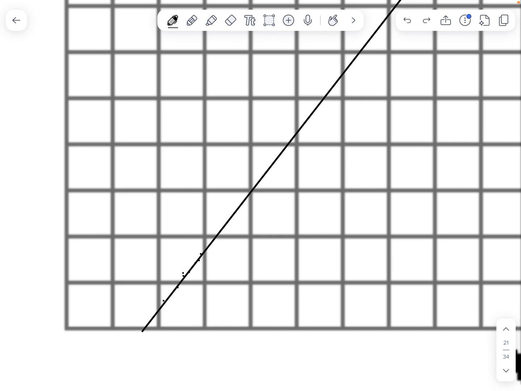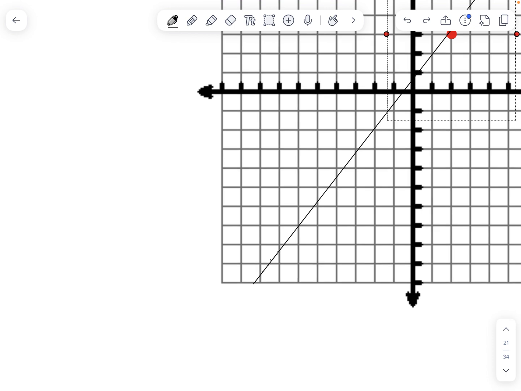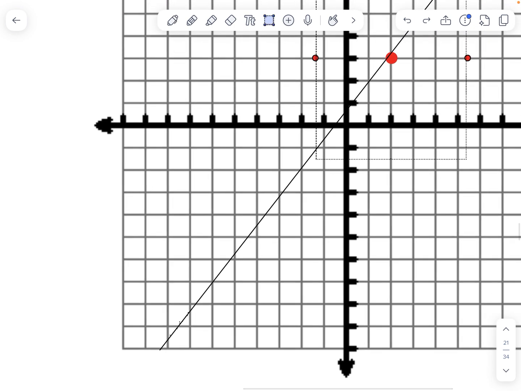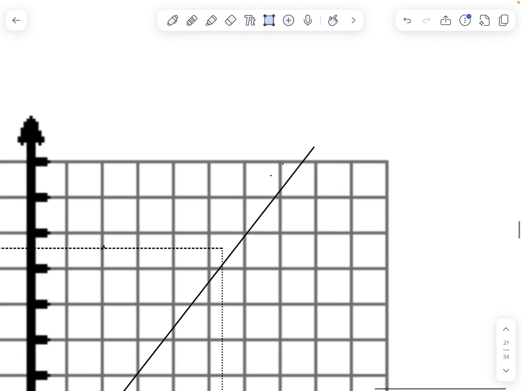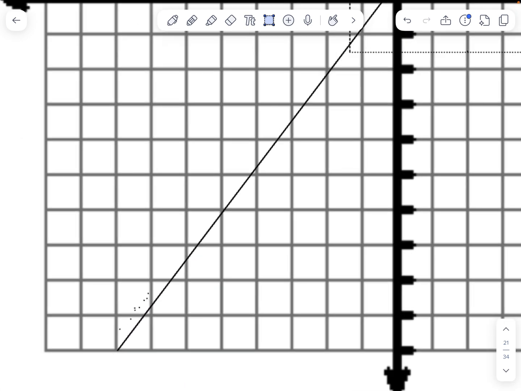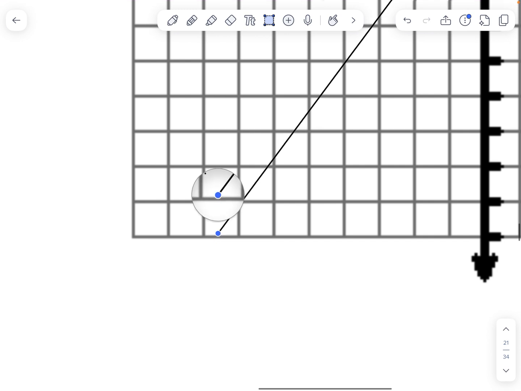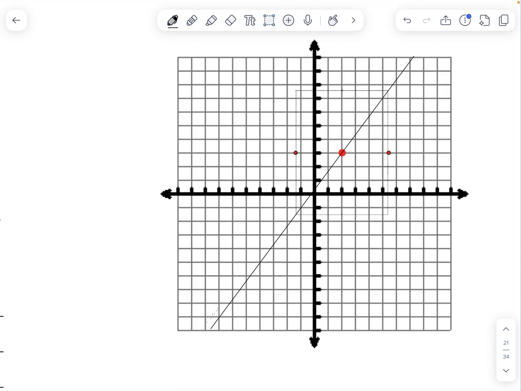Now I'm trying to select the line. Hang on, let me make the asymptote a bit better. Okay, that's one asymptote. Time for the other.